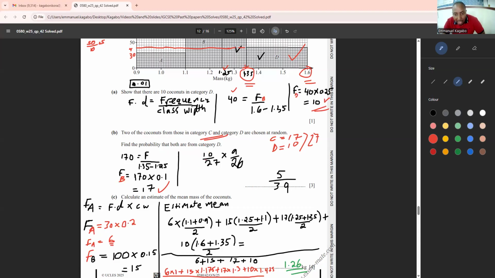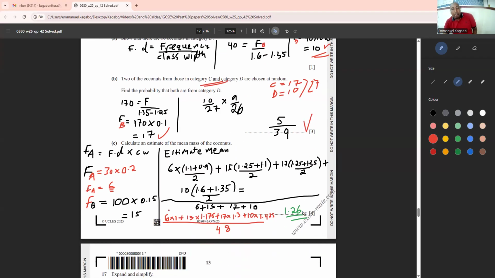So my chance of picking one will be 10 out of 27, because the total of C and D is 27. One is already out, so I will get 9 out of 26, because you picked one already and you were 27, so you remain with 26. D, they were 10. One is out already, then I'm going to remain with 9. So when you work it out, you are going to have that.